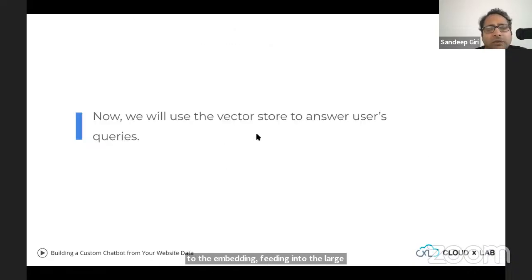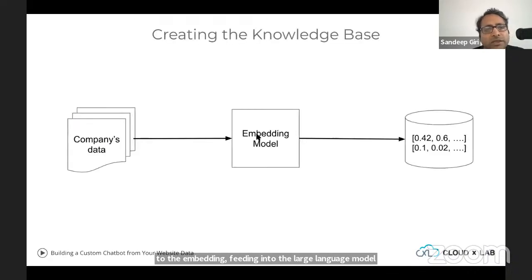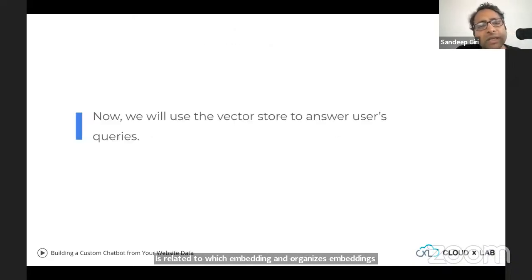The large language model converts that into a bunch of numbers and gives it to the vector store. The vector store takes those numbers, keeps a record of which document is related to which embedding, and organizes embeddings into groups and subgroups.